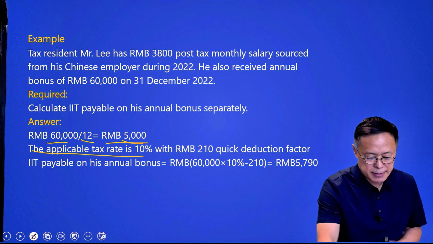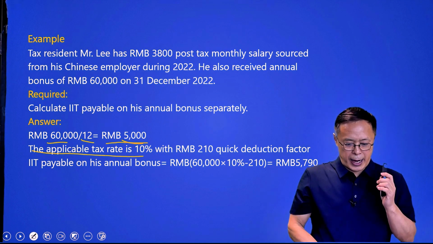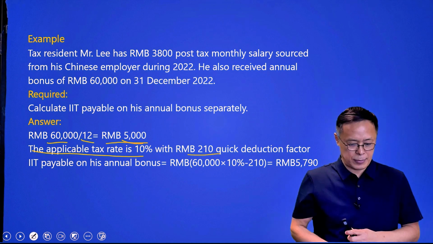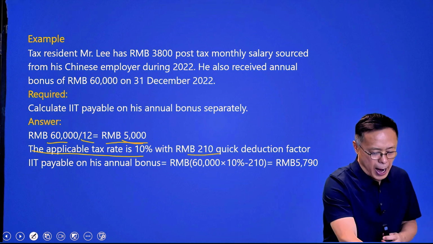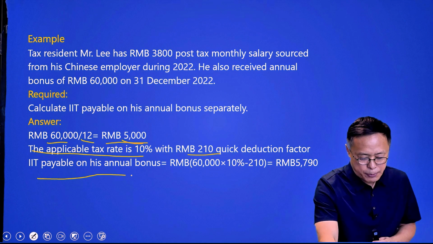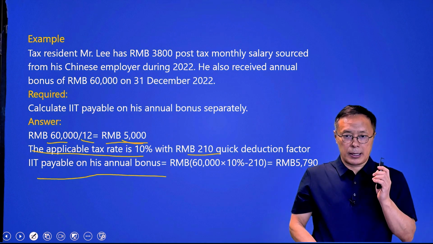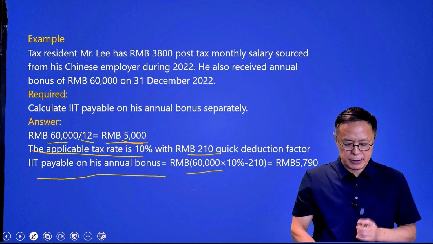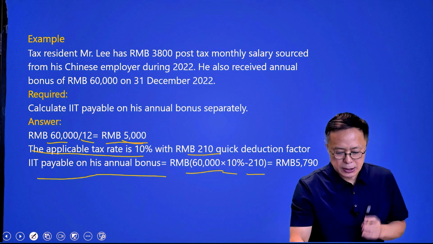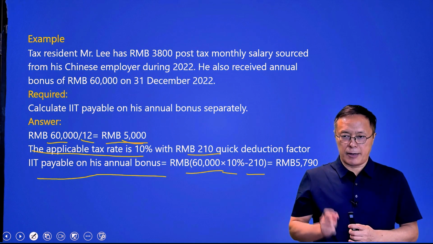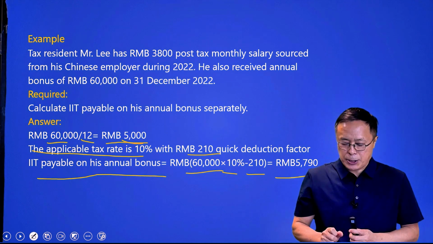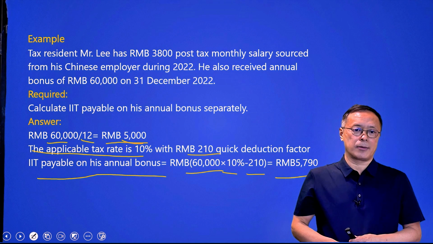The applicable tax rate is 10% and the quick deduction factor is 210. So, IIT payable on his annual bonus equals the whole bonus 60,000 times 10% minus 210. The value is RMB 5,790.